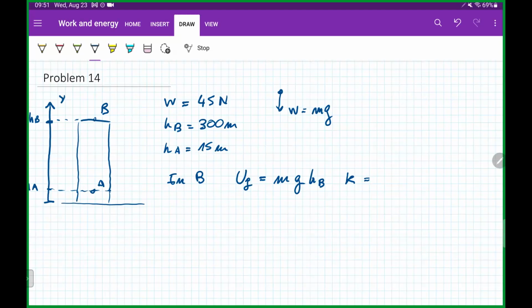All right, so we had kinetic energy, so we have 1/2 m v_B squared, and that will be 0.